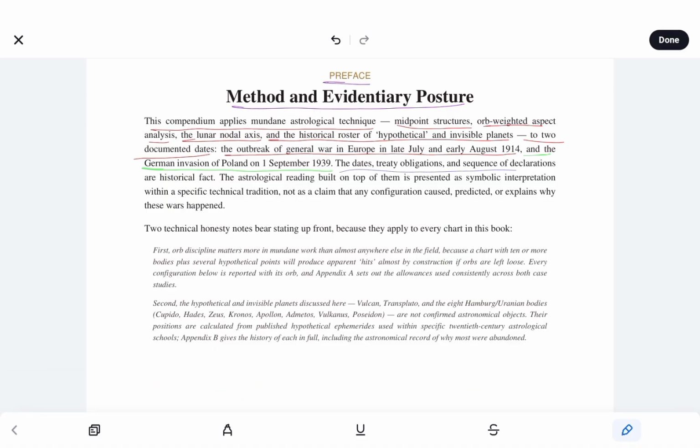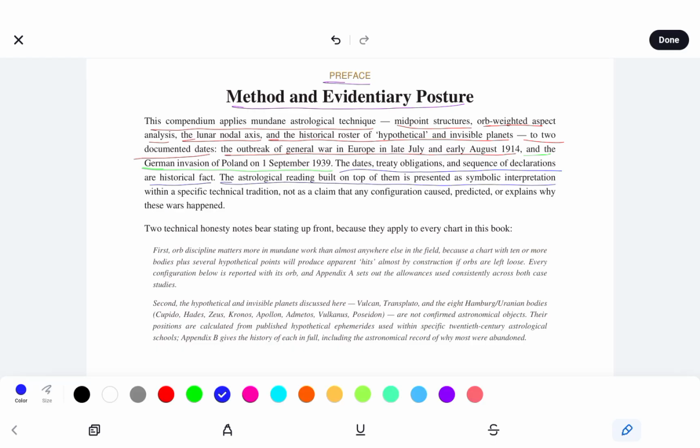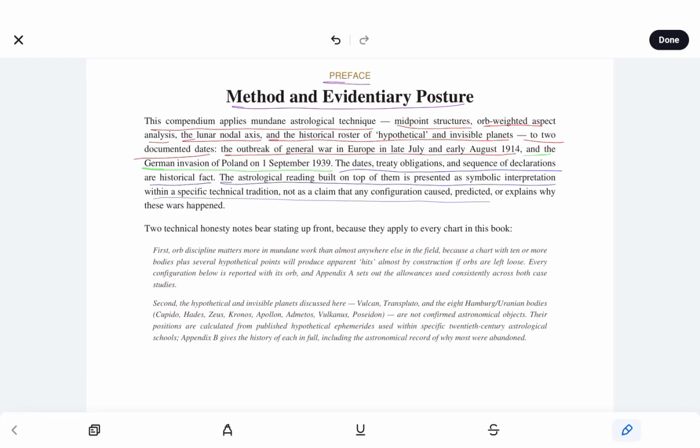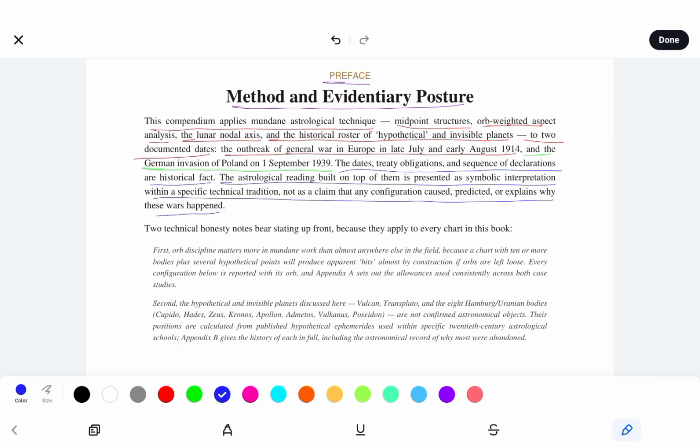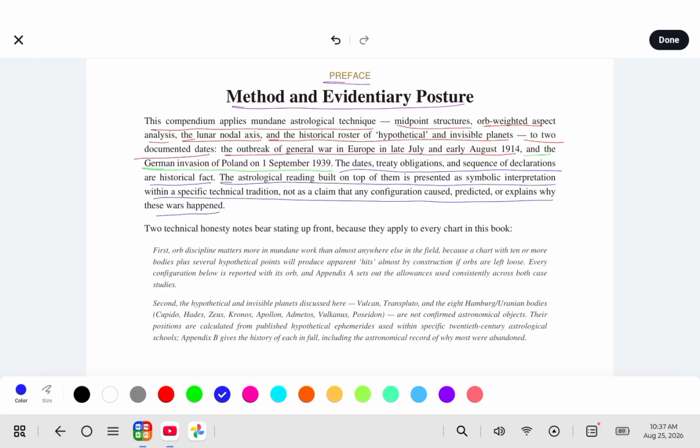The dates, treaty obligations, and sequence of declarations are historical fact. The astrological reading built on top of them is presented as symbolic interpretation within a specific technical tradition, not as a claim that any configuration caused, predicted, or explains why these wars happened.